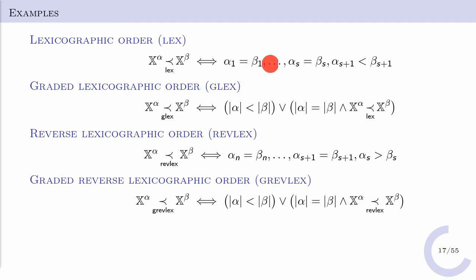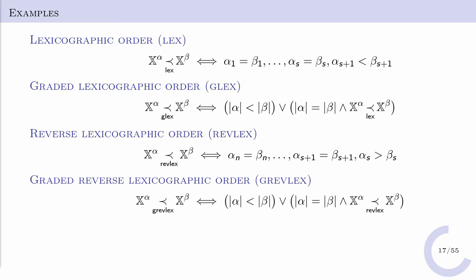So if we examine them from left to right, and if we encounter the first two exponents that differ, so alpha and beta on some position differ, then the monomial with lower exponent is the smaller element with respect to this lexicographical order.